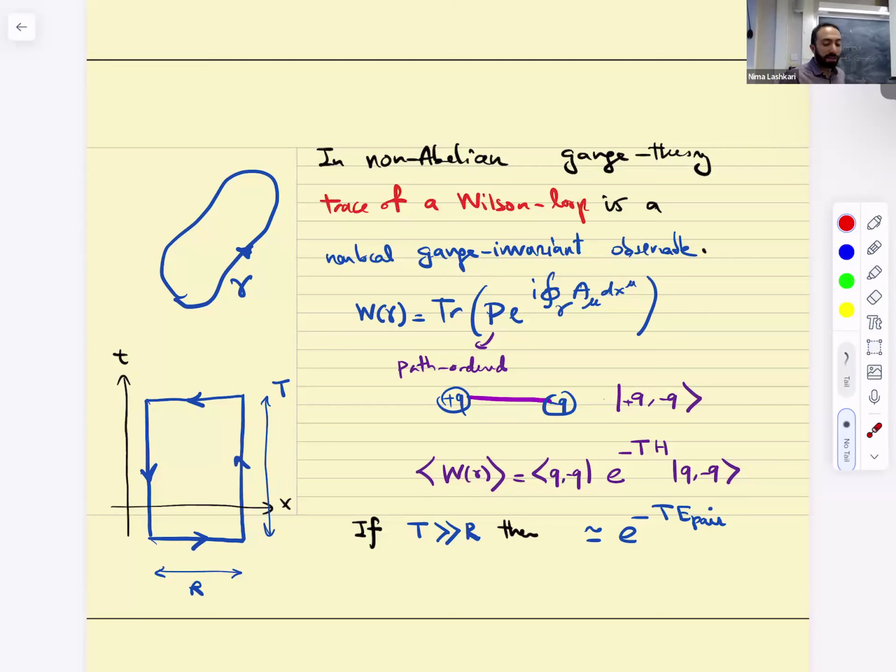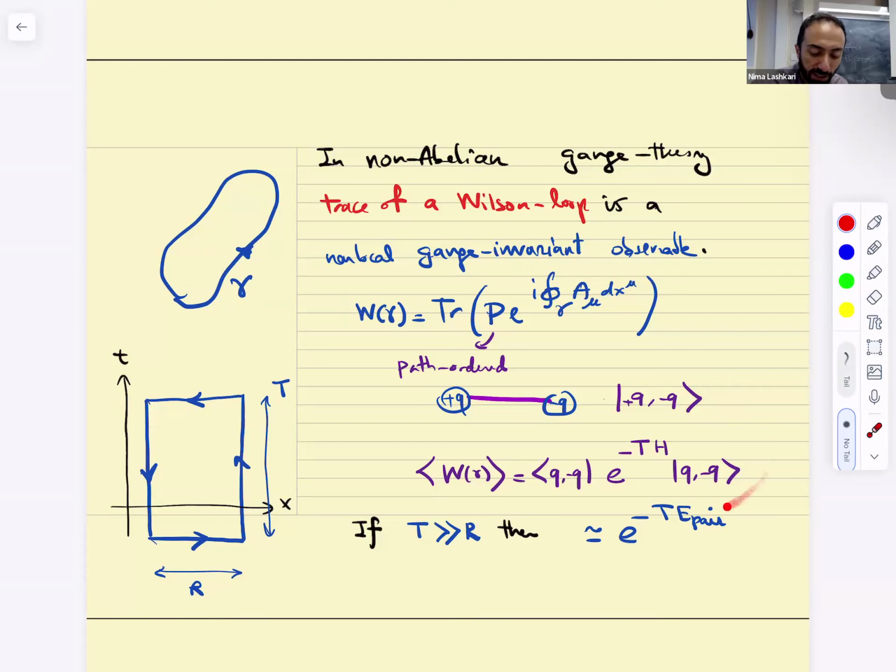So here's what I'm going to say. I'm going to relate this charge neutral state, Q plus Q minus, to a Wilson loop where this is Euclidean time and this is space. This is capital T. It's a Wilson loop that's square: it goes in the spatial direction for R, Euclidean time for T, and back.